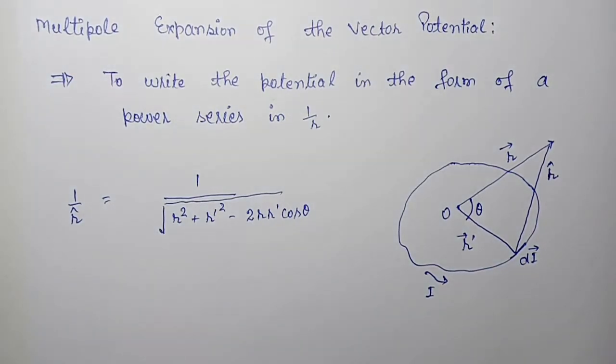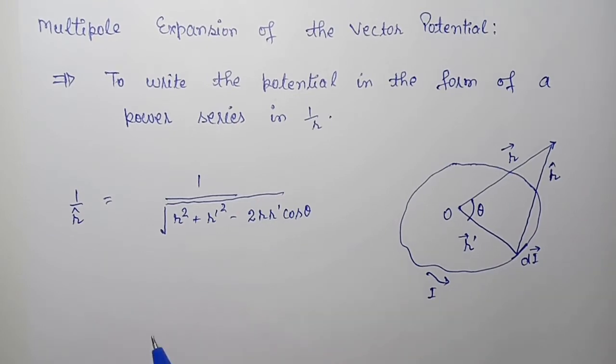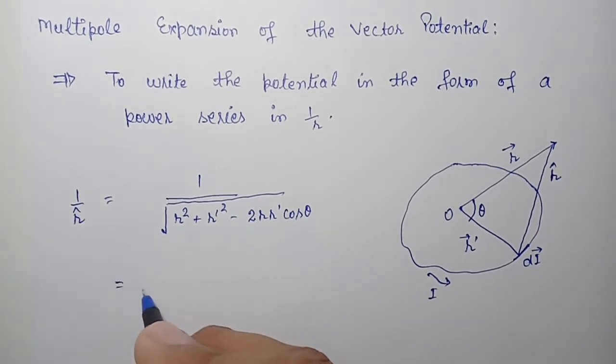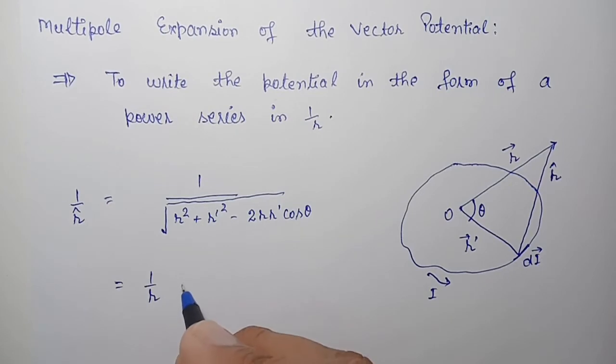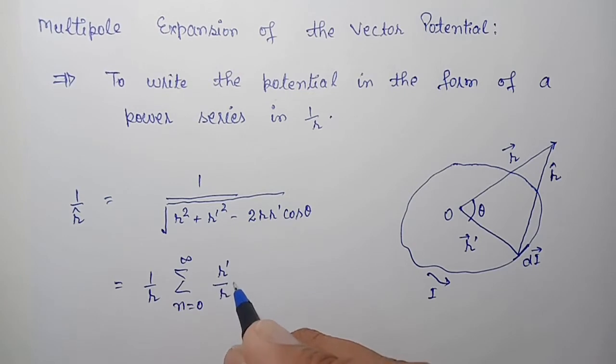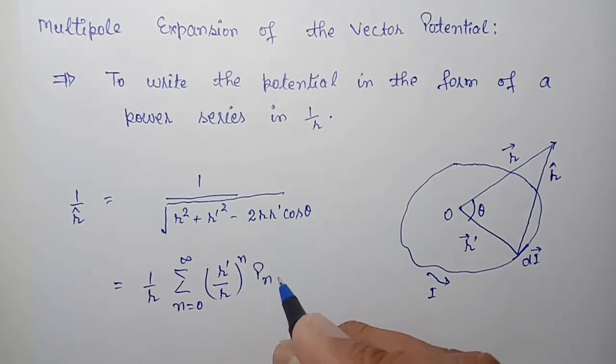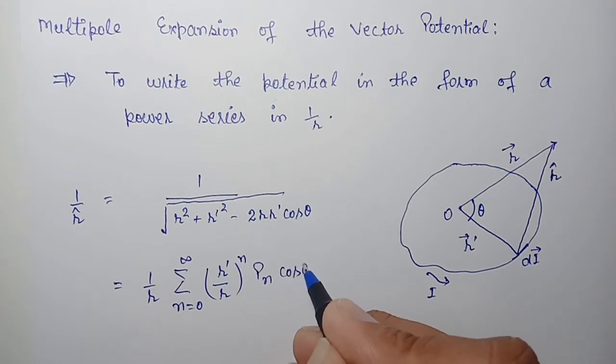Okay, or we can write like this, that is 1 over r summation n equals 0 to infinity, and here we have r dash over r to the power n, and this is Pn cos theta.